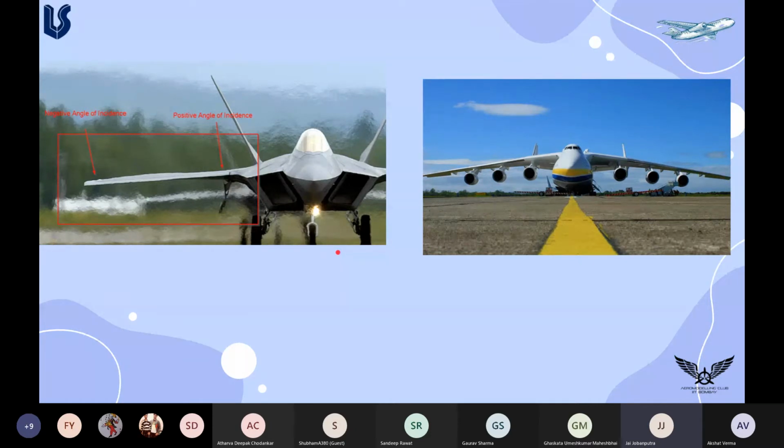Now have a look at the second one. This is actually a tricky case, so I wanted to include it. Why do you think we would use an anhedral instead of dihedral for this plane? Anybody want to try? Actually, we had kind of skipped that part in the stability discussion: high stability is also kind of a disadvantage.